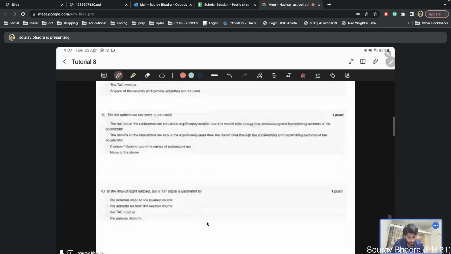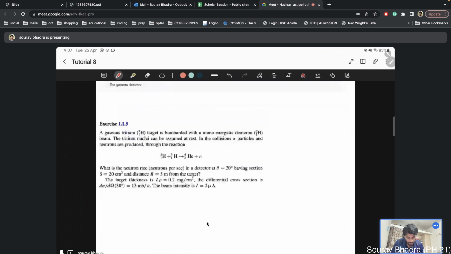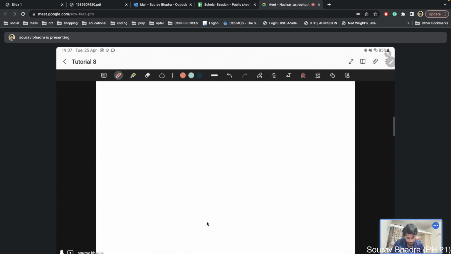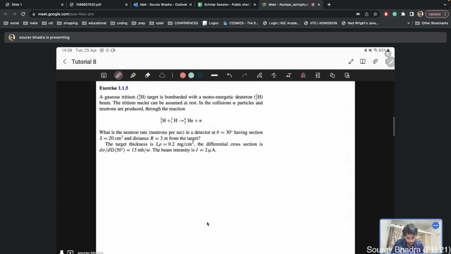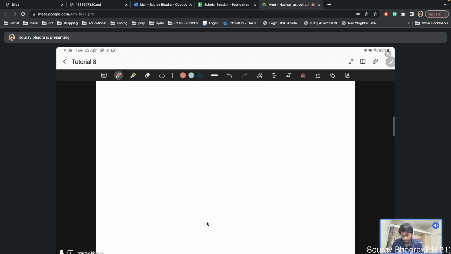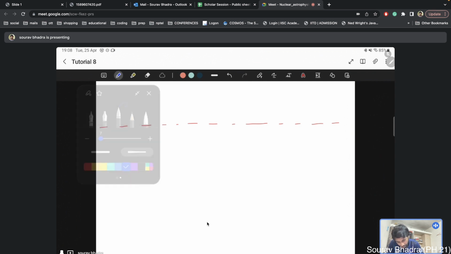Let me go to the pages here. If required I will erase some of those, no problem. From here I will start. Okay, so this problem tells another example. So two problems I have done. This is the third problem.